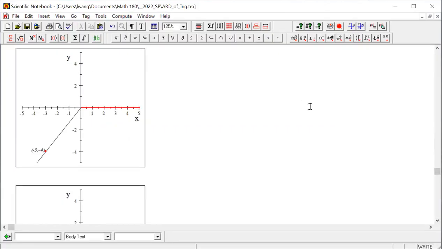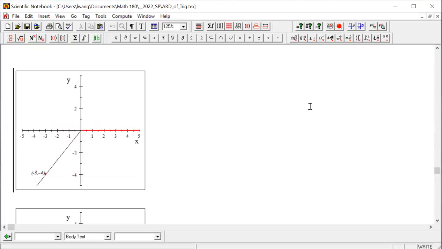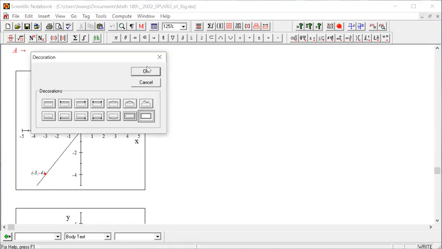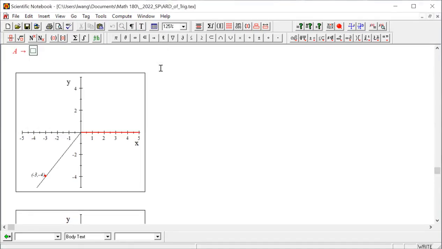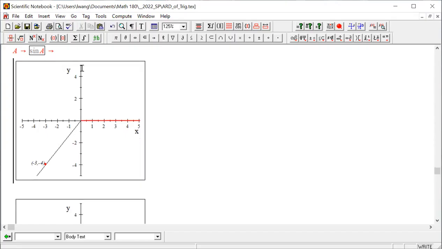So now on the third quadrant, of course, our input is an angle, and the angle is applied to the rule of sine, right? So sine of A. The output is a ratio. The output is y over r.